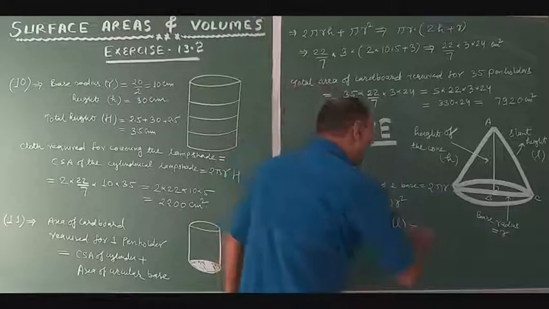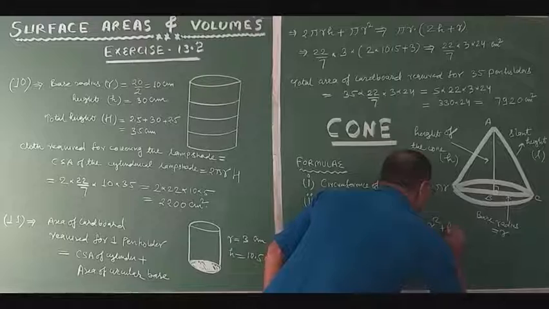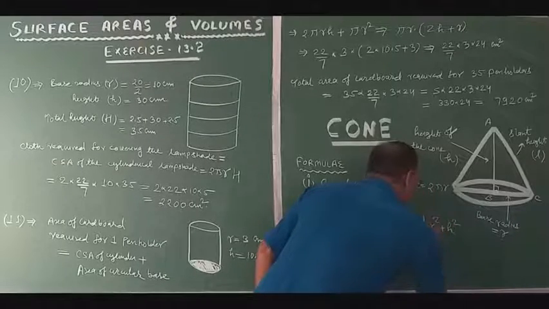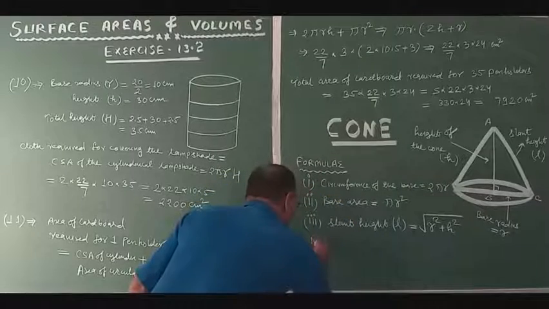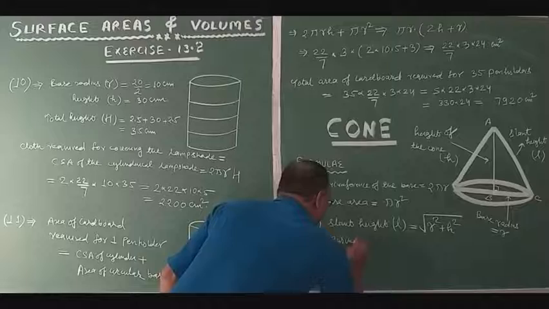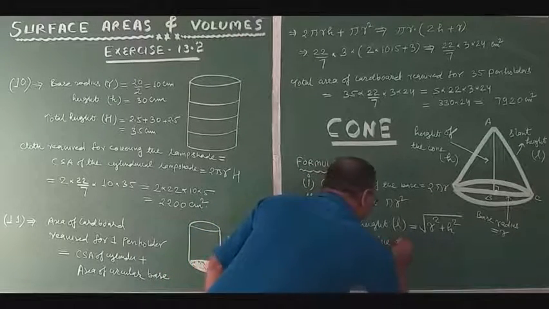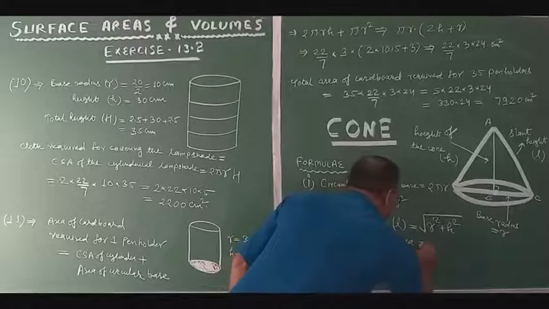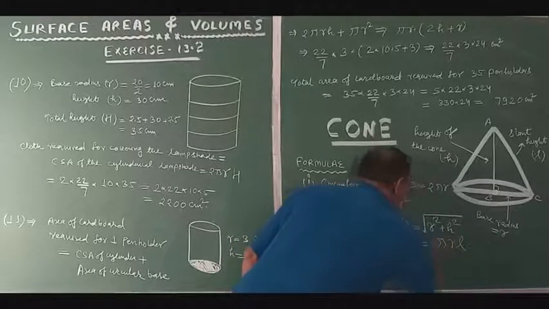Therefore, L will be under root R square plus H square. Now, the CSA of the cone, curved surface area, is given by pi into R into L.